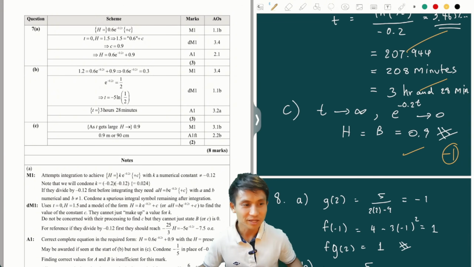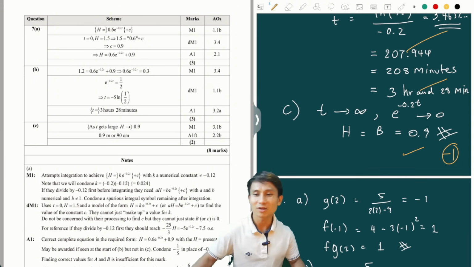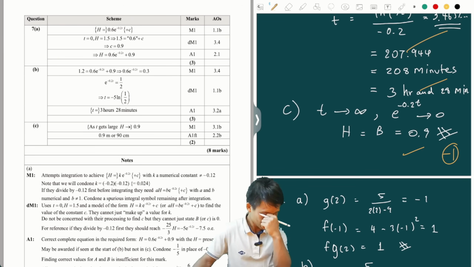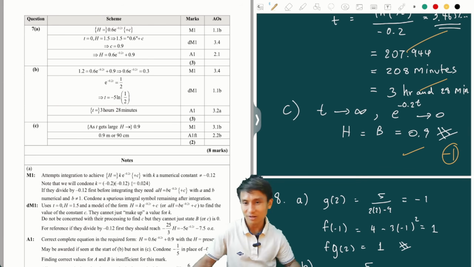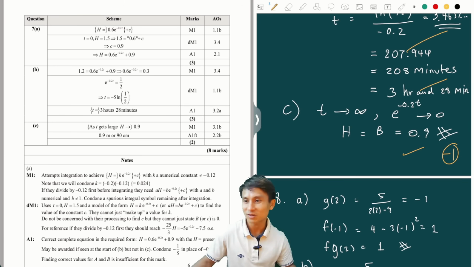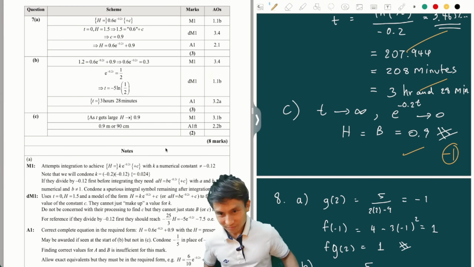And H is already in meters. But it asks for the height. It doesn't ask for the value of H. So if it does ask for the value of H, then only by answering 0.9 I would have got the mark. But it asks for the height, right? If it doesn't refer to the actual variable, then you should give the units. This is just like physics, actually. You never forget units. All right. Should have known. Anyway. Yeah.